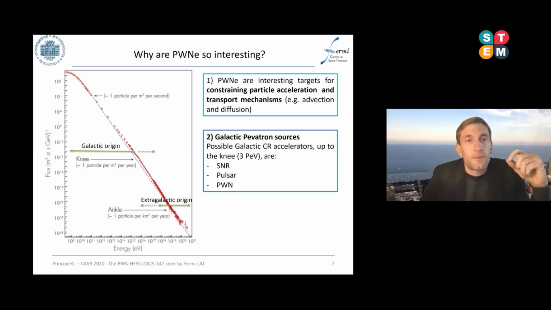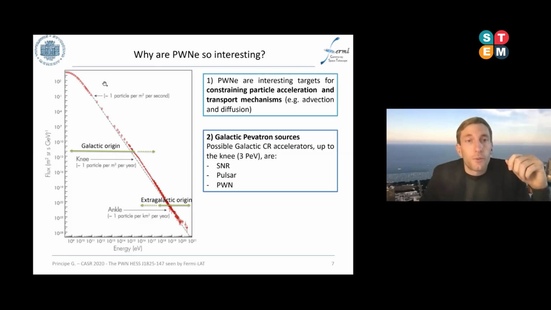So we can see from the plot here that we observe on Earth cosmic rays up to very high energies. And we believe that till the knee, so till about 1 PeV, the origin of those cosmic rays is from our galaxy. Instead, above 1 PeV, we think that there are no sources in our galaxy able to accelerate particles up to this energy.